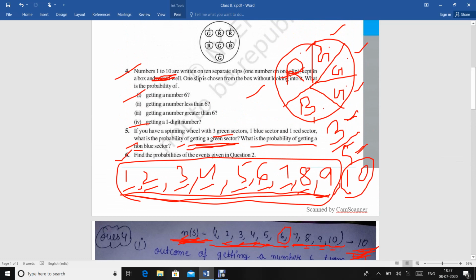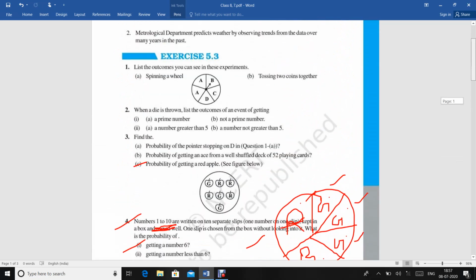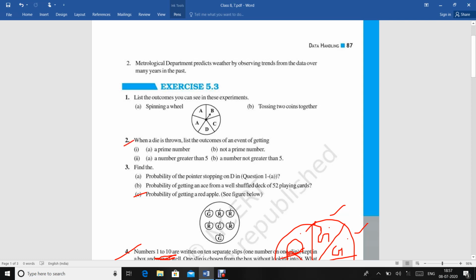Question number 6. Find the probabilities of the events given in question number 2. For this we have to see question number 2 of this exercise 5.2. In this question number 2, when a die is thrown, list the outcomes of an event of getting a prime number, not a prime number, a number greater than 5 and a number not greater than 5.